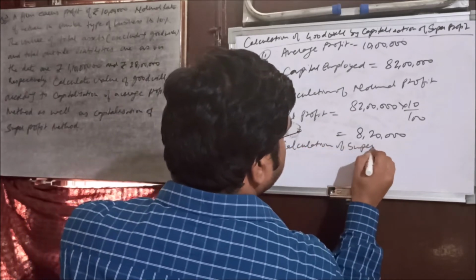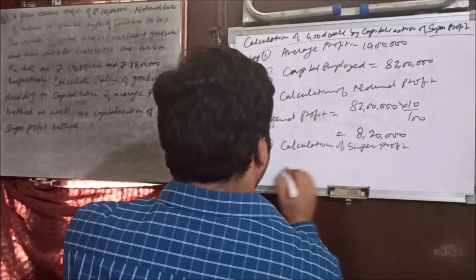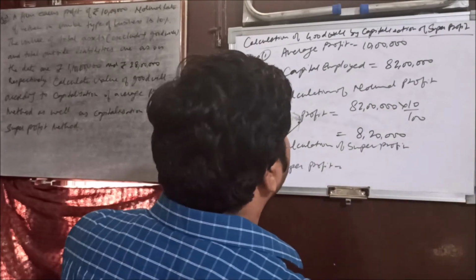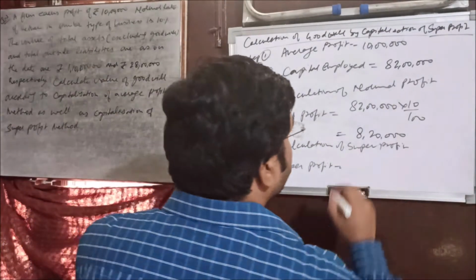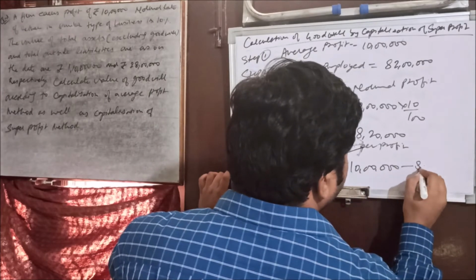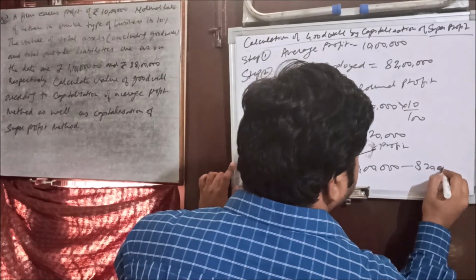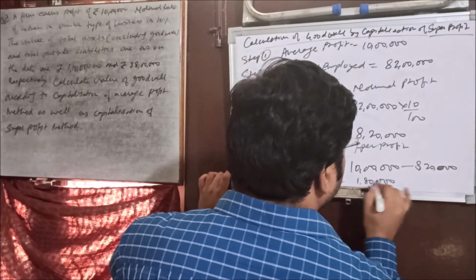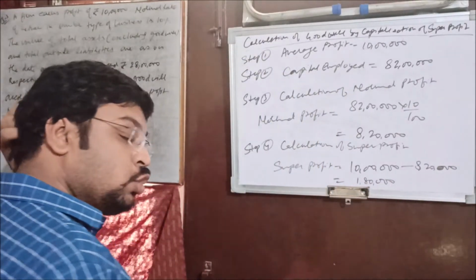You know that actual profit minus normal profit is equal to super profit. Actual profit is 10 lakh. So from 10 lakh, when we deduct 8 lakh 20,000, what do we get? We get 1 lakh 80,000. Understood? So that is the super profit.